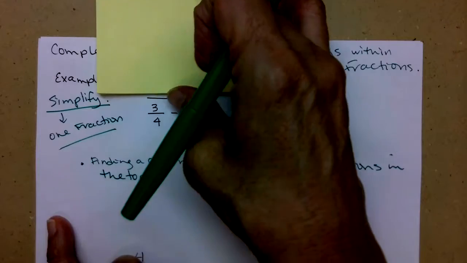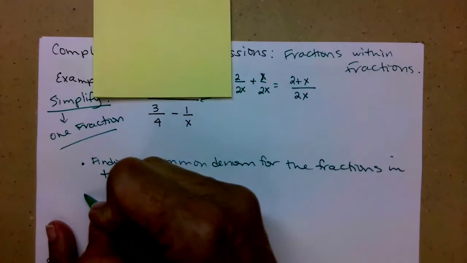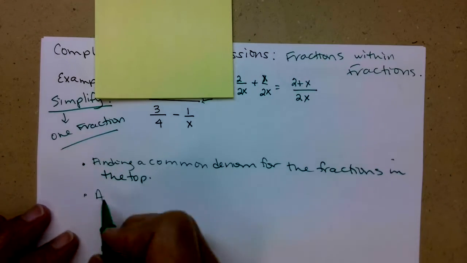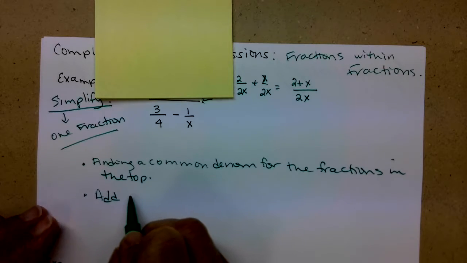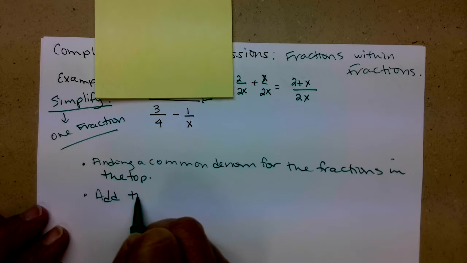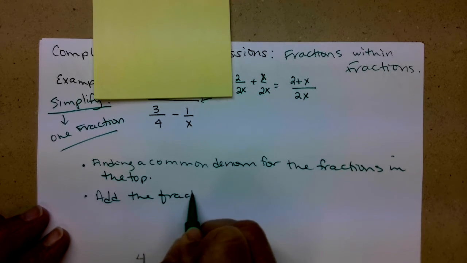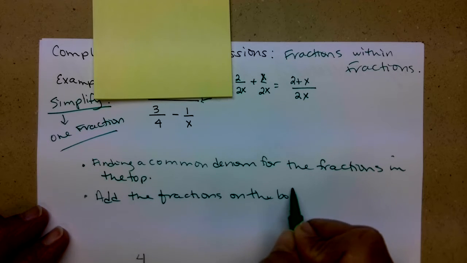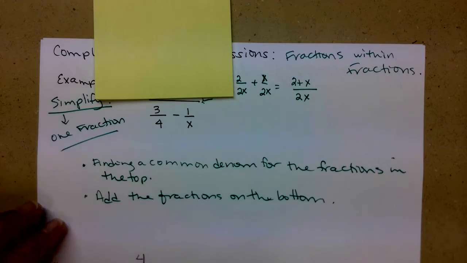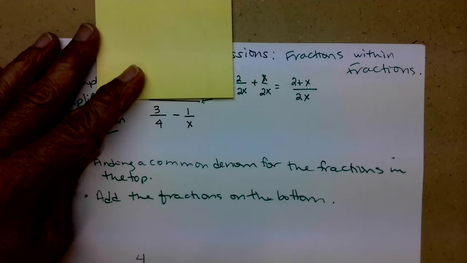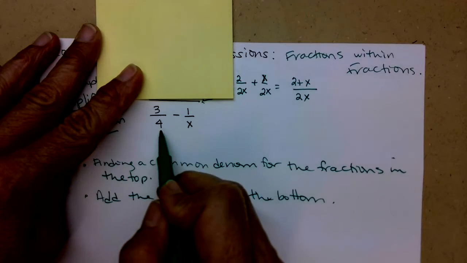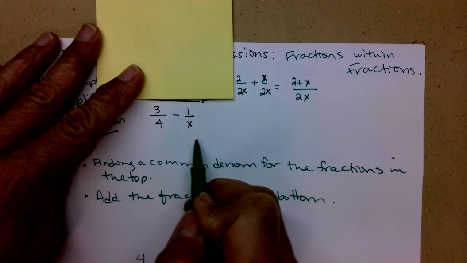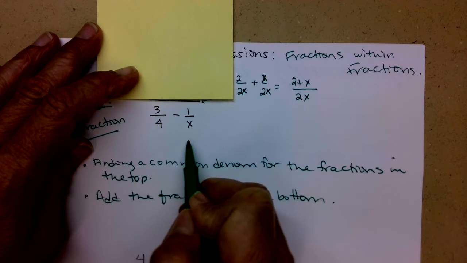Second step, we're going to do the same thing for the bottom. So I'll write it a little more simply this time. We're just going to combine, in this case subtract, the fractions on the bottom. Okay. So again, we're going to need a common denominator. So for this one, when I'm just looking at 3/4 minus 1 over x, the common denominator is going to be 4x.